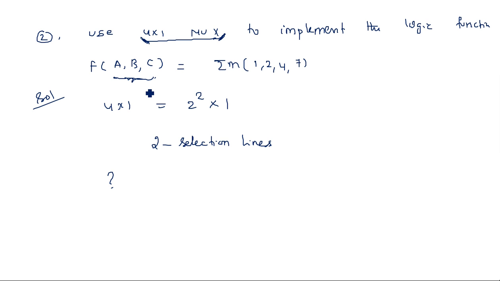When it is not given directly, it is easy, because we can select how many inputs and how many selection lines. But when the size of the multiplexer is fixed, it is very difficult. Let me first take you to the same truth table that we have taken.